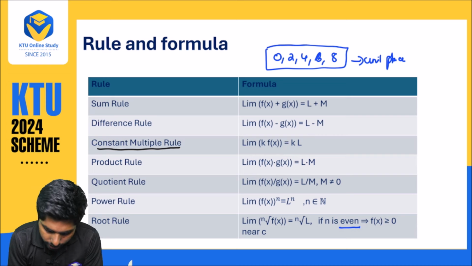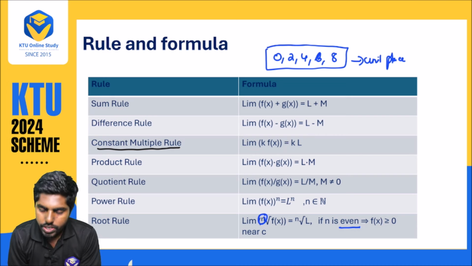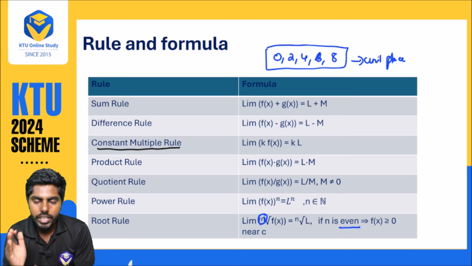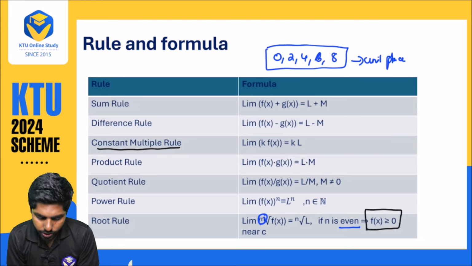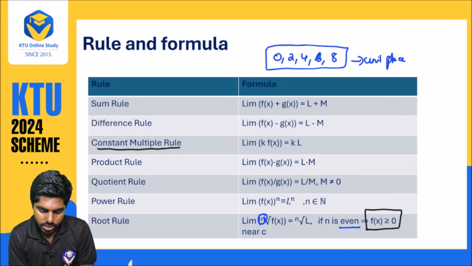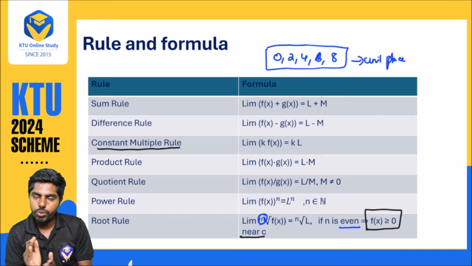So whenever n is an even number, f(x) is always greater than or equal to 0 where x is near c. This is the thing you want to know.